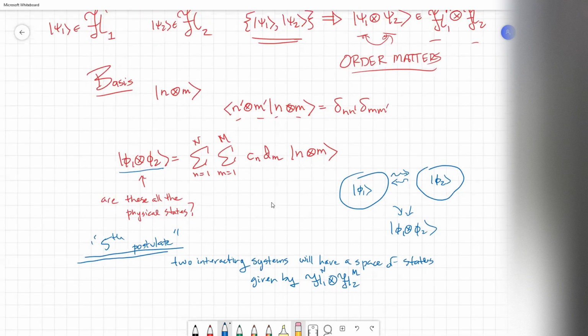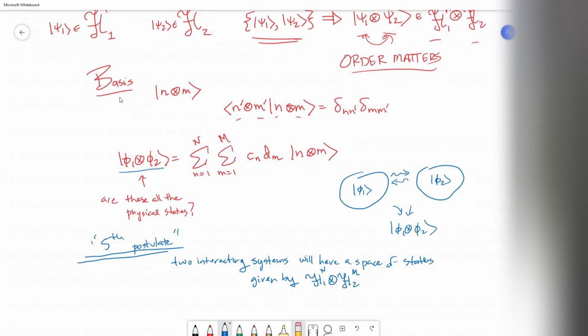So what it means is that we'll be able to use this as a basis for the two composite systems. It's just that the composite states don't necessarily factorize in this way, where we can interpret it as a tensor product between two kets. I'll show you examples when we do spin-1/2 in a moment, where this is made clear. It might not be obvious how that works right now, but we'll see.